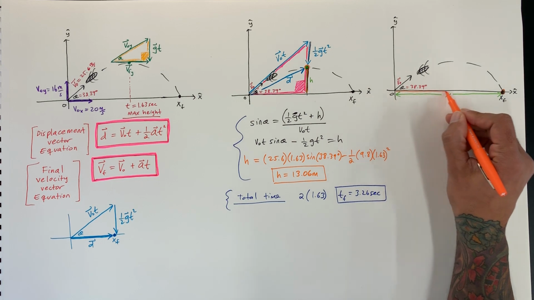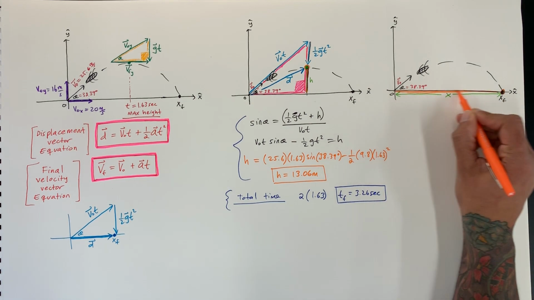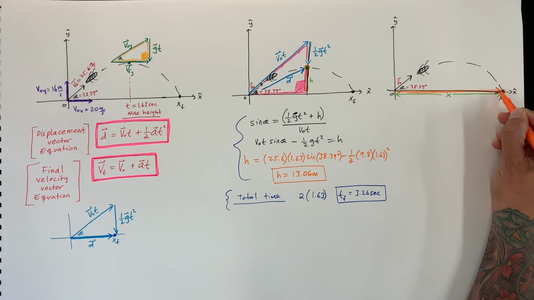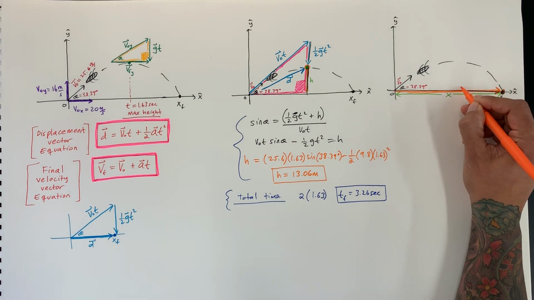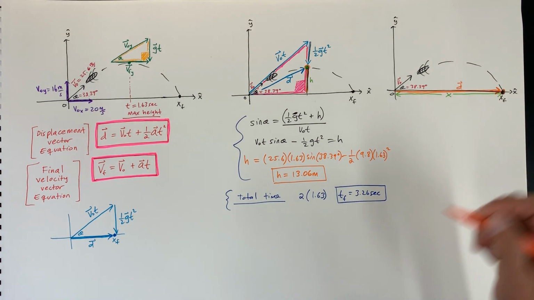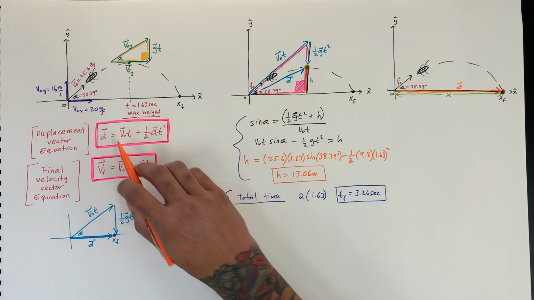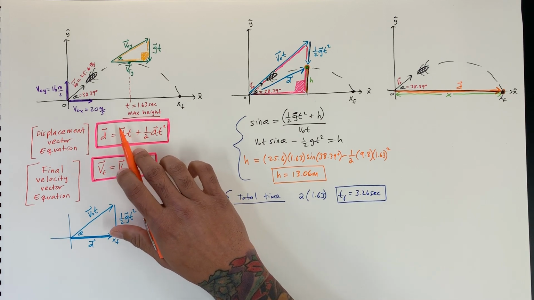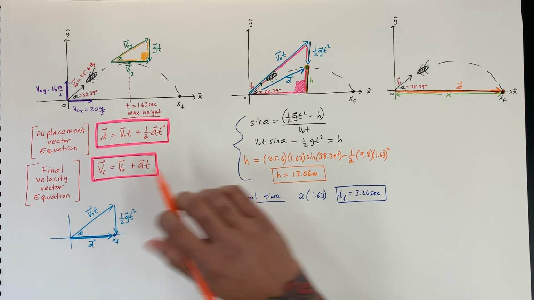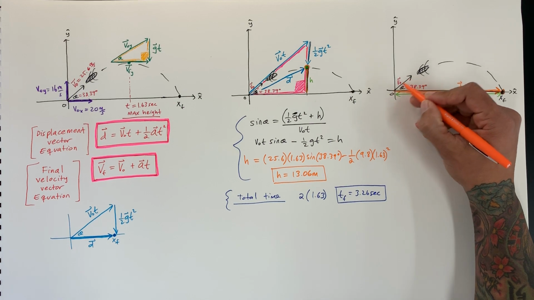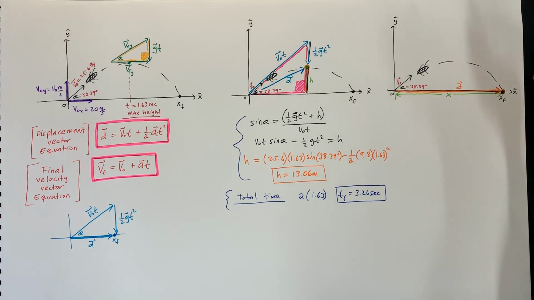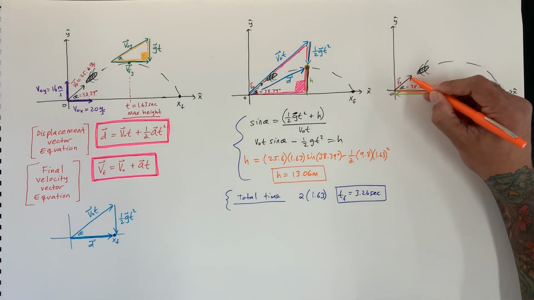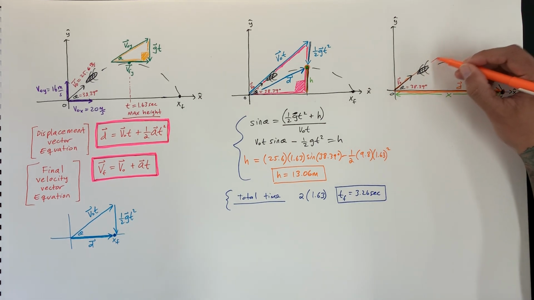Right, we always draw straight to the area that we're interested in. Right, put an arrow, and that's going to be d vector. Okay, our second vector here is going to be v naught t. So we follow the trajectory of the original velocity, and we're going to go all the way above.